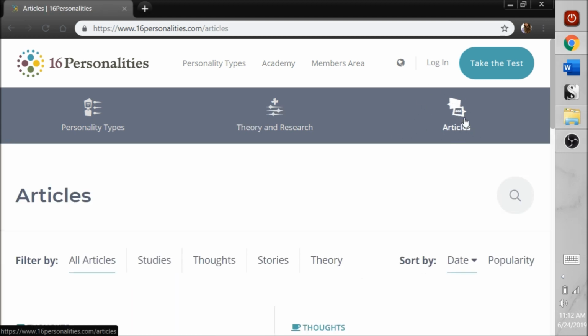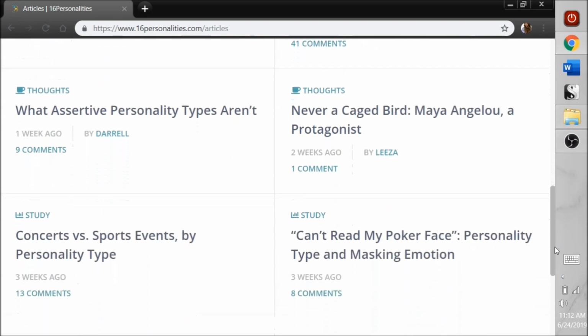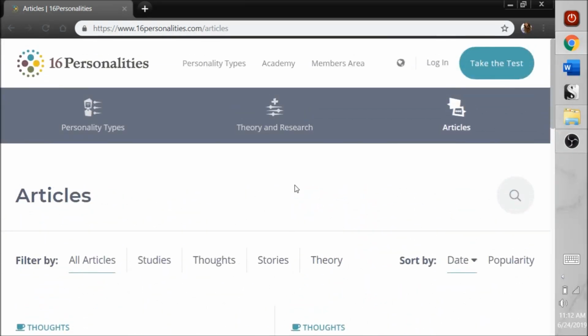There's also this button that says articles, which is similar stuff, just people talking about the 16 personalities and related information, but we're not going to talk about that either. We're going to settle in on this page, personality types.